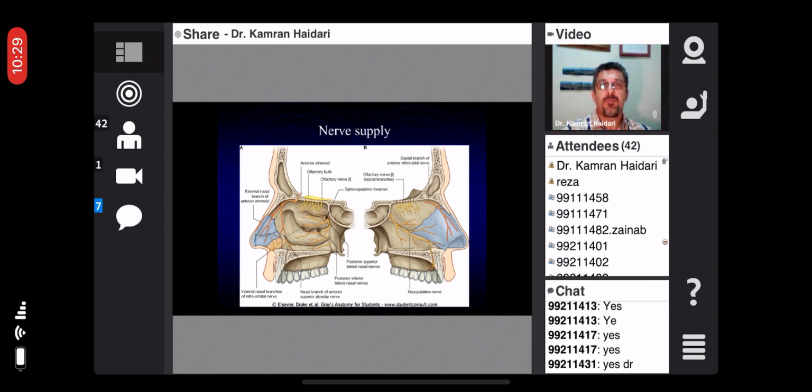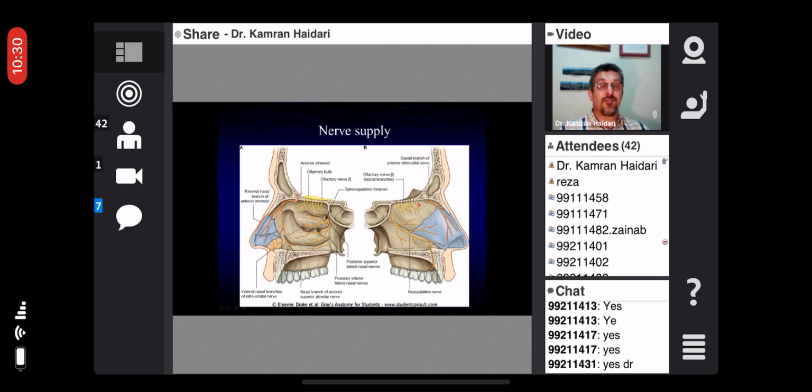They are located in the mucous membrane of the roof and the neighborhood area of the medial wall and lateral wall. The mucous membrane on the superior concha has an olfactory epithelium, and the roof as well.